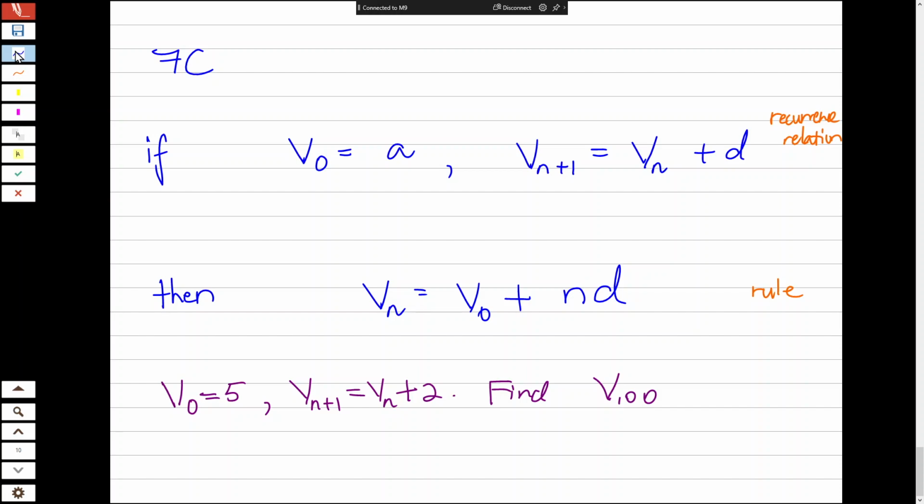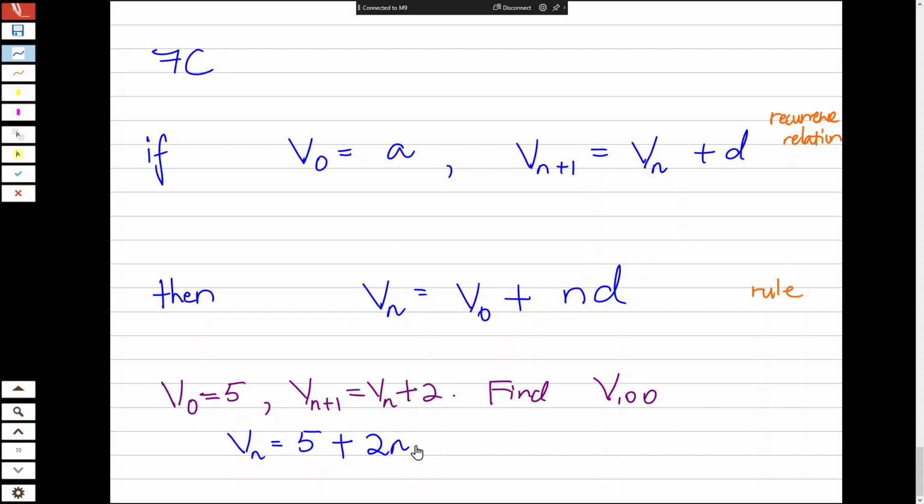Find V100. So, I don't want to plus 2 100 times on the calculator, right? I'm going to lose count. Okay? So, wouldn't it be good if there was a way for me to use a formula to give me the 100th term? There is a formula. Yeah, it's this thing. Okay? So Vn equals V naught, which is 5, plus n times d. So here, what's d? 2 is the value we're adding each time.